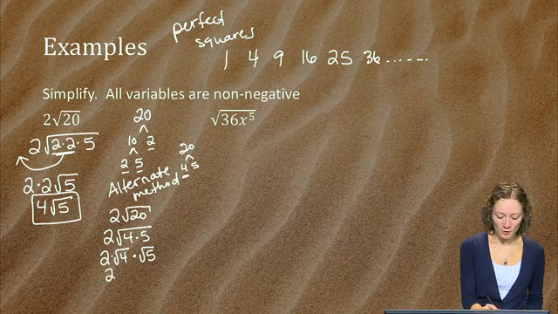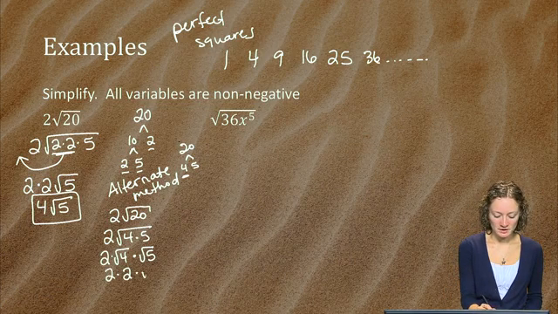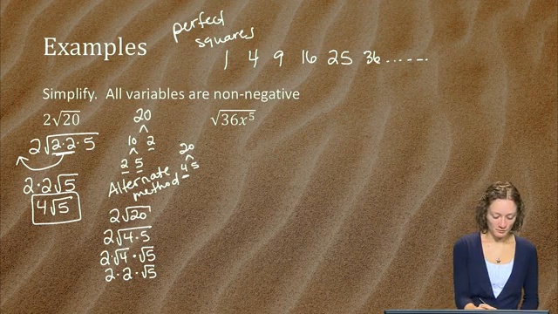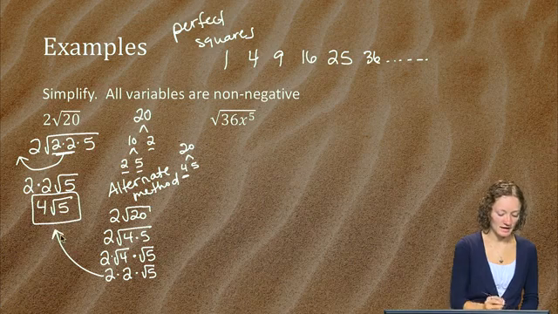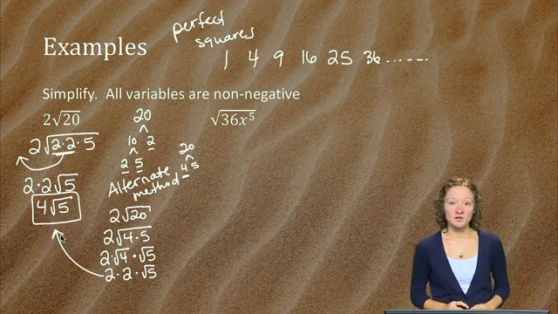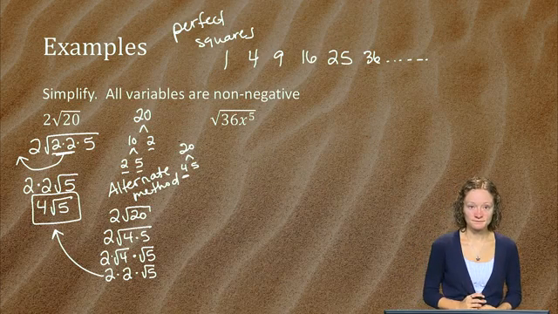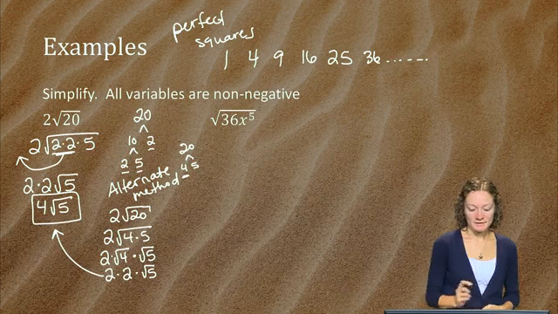Well, this square root of 4 turns into a 2, because it's a perfect square. 2 times square root of 5. The 2's multiply, and we get the same answer that we got doing it the other way: 4 square root of 5. So pick one, alternate, it's up to you. All right, the next one.